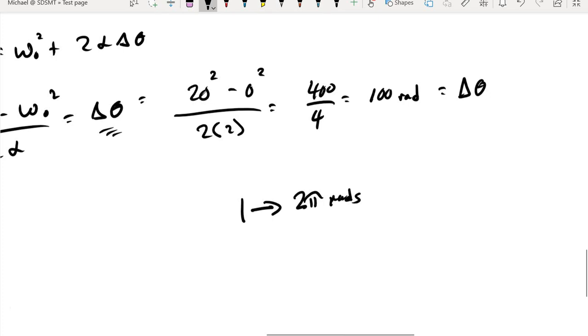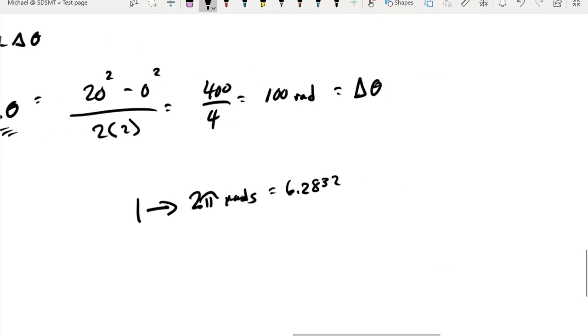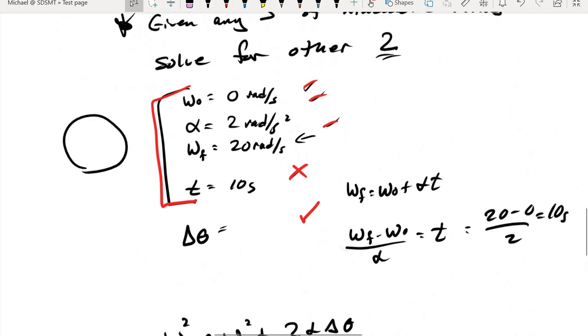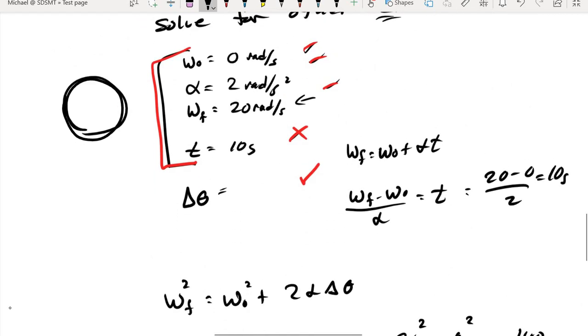So pi is 3.14159, and so on and so forth, times 2 gives us 6.2832. I'm going to end it right there. And yet we have an angular displacement of 100. So what does that mean? Well, it means that you have gone through multiple rotations or revolutions with this wheel.